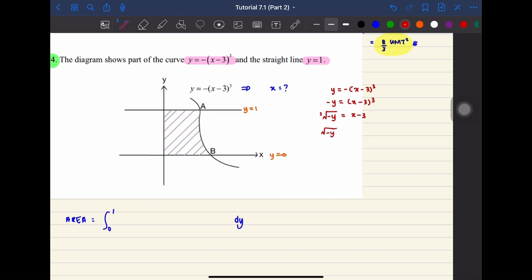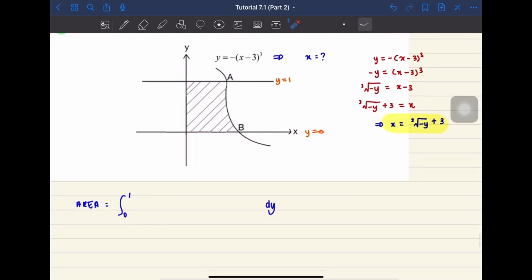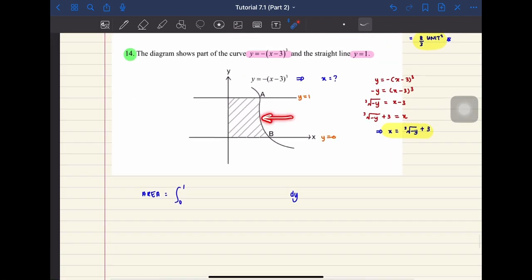Jadi cube root negatif y plus 3 sama dengan x. So kita dapatlah equation x kita, which is x sama dengan cube root negatif y plus 3. Okay, so this is the function that we want. Dia mesti dalam term of y sebab kita pakai dy. Okay, now kita masuk dalam formula. So daripada kanan kita pakai curve ni, which is this one. So ganti je.